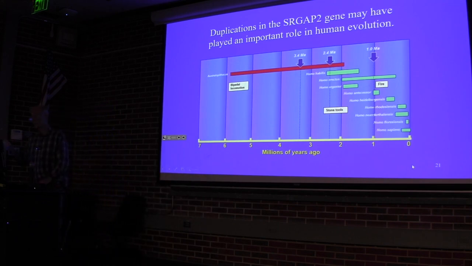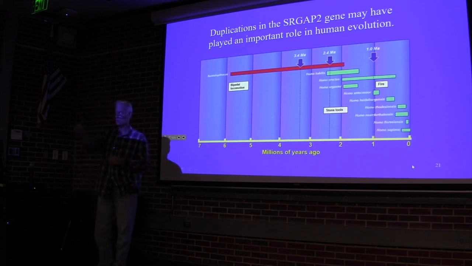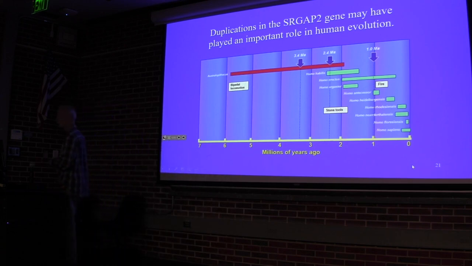We're looking at how we got here, how diverse our population is, and then we're trying to draw it down to what we're beginning to know about specific genes and mutations that could have helped us along the way. And the first example of a molecular influence here that we can nail down, that we're very suspicious might be significant, is the SRGAP2 protein.